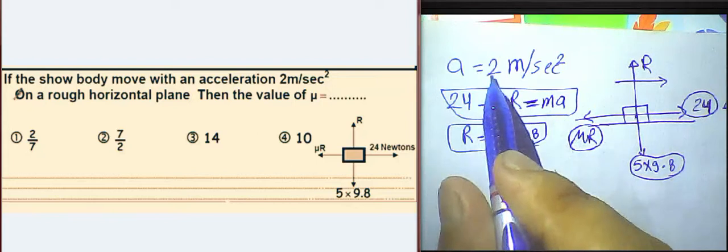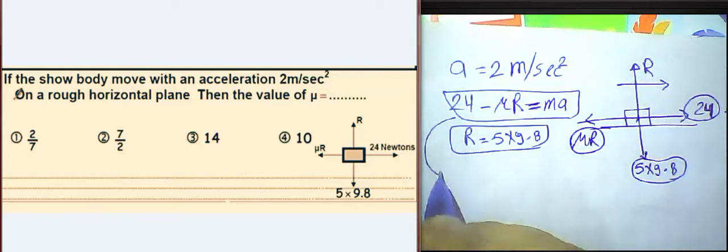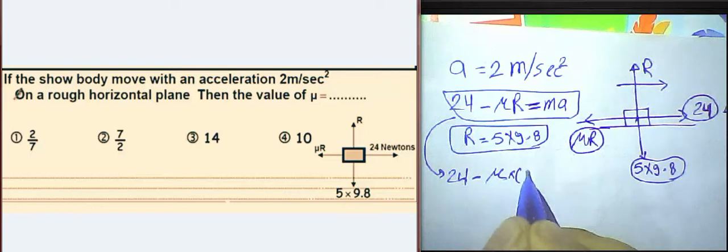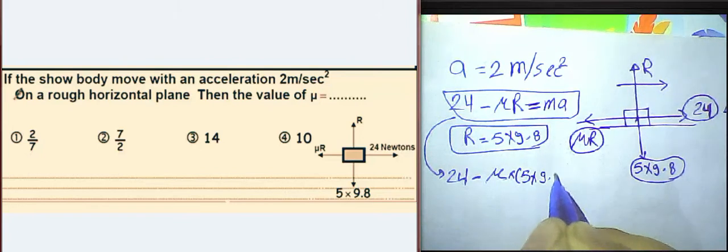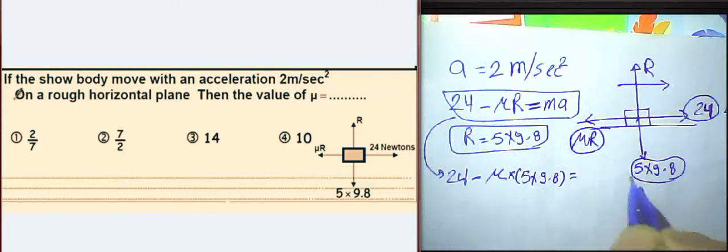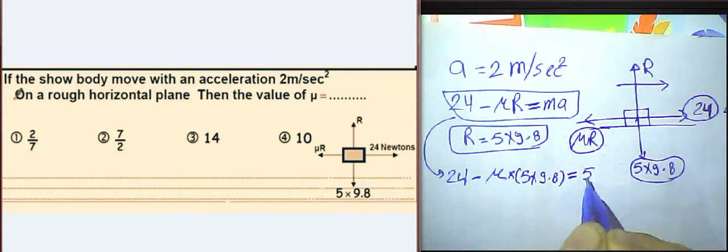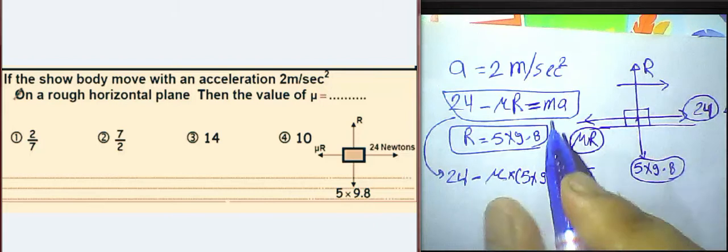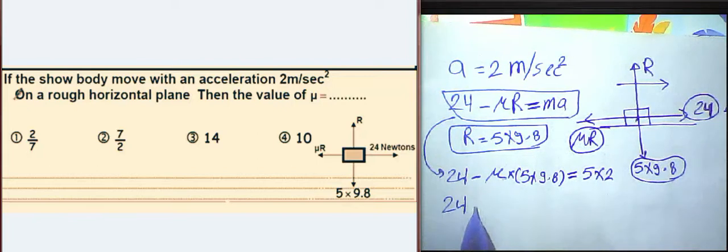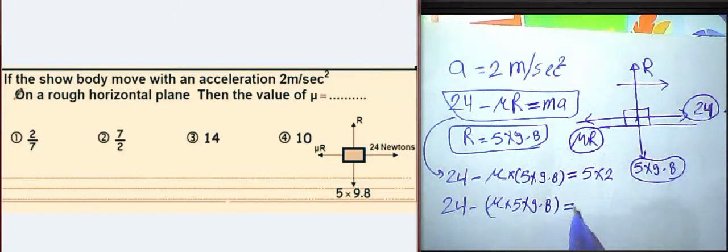We have acceleration here, so we can write 24 subtract mu multiply reaction, which is 5 multiply 9.8, equal the weight, which is 5, multiplied by acceleration, which is 2. So 5 multiplied by 2. 24 subtract mu multiplied by 5 multiplied by 9.8 equal 10.